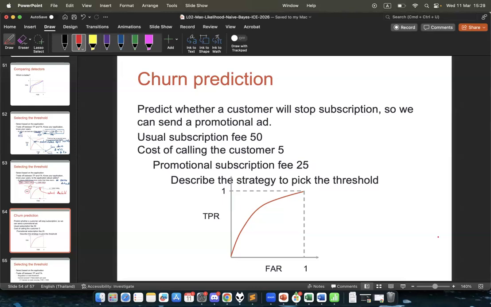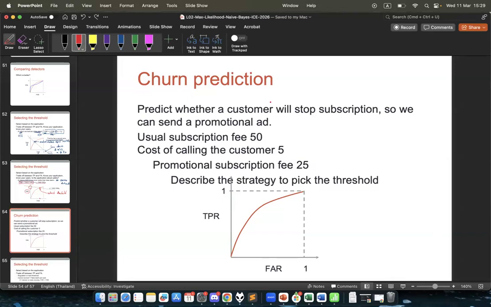Before the customer attempts to switch, I will call him and offer a discount so that he doesn't switch before he even talks to me. So I want to predict churn.